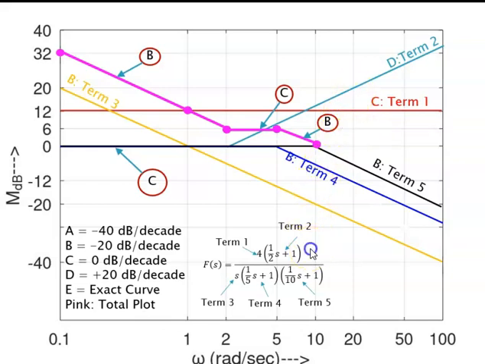If you sum all of them up, it comes down to minus 12. Similarly, at 50, if you go vertically up, you can see this value is negative, this value is negative, this value is negative, this is positive, this is positive. If you sum all of them up, you get another term.